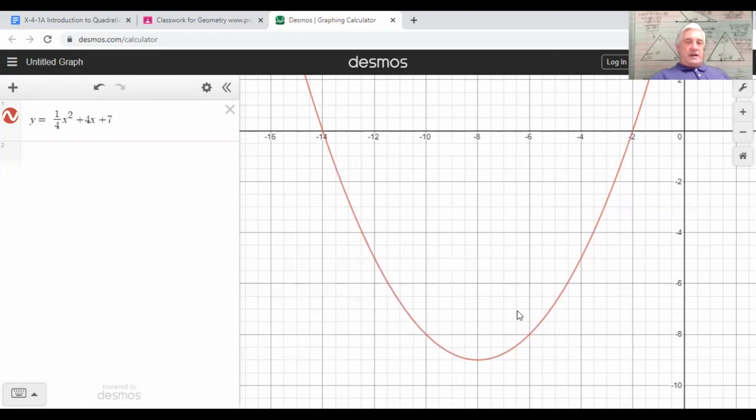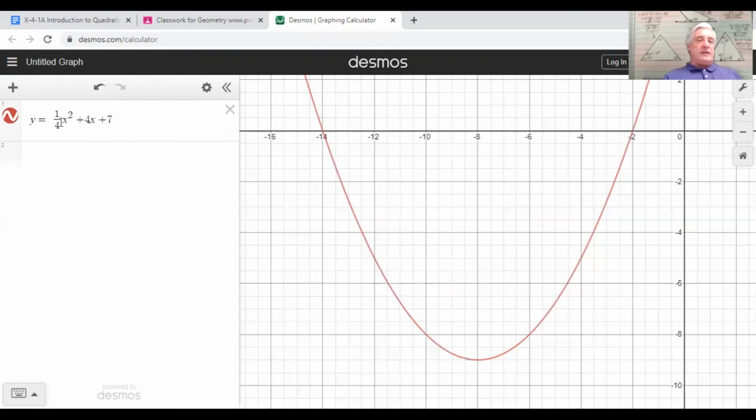It has a vertex. It has a line of symmetry. It has a minimum. In this case, this parabola never gets below -9. But if you put a fraction out in front of that x squared term, it gets wider. If you put a whole number out in front of that x term, it gets skinnier.